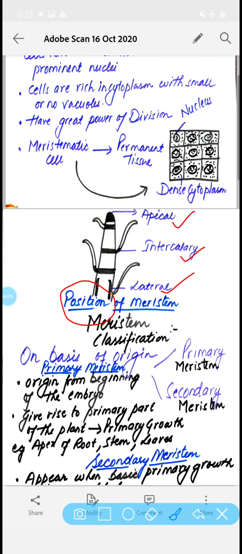The first one is apical meristematic tissue, second one is intercalary meristematic tissue, and third one is lateral meristematic tissue. This diagram is again important. ओके, पेपर में डायरेक्ट क्वेश्चन आ जाता है, ड्रॉ द डायग्राम शोइंग द पोजीशन ऑफ डिफरेंट मेरिस्टेम्स. ओके, मेरिस्टेम मीन्स द सेल्स ऑफ द मेरिस्टेमेटिक टिश्यू विच हैव द एबिलिटी टू डिवाइड.